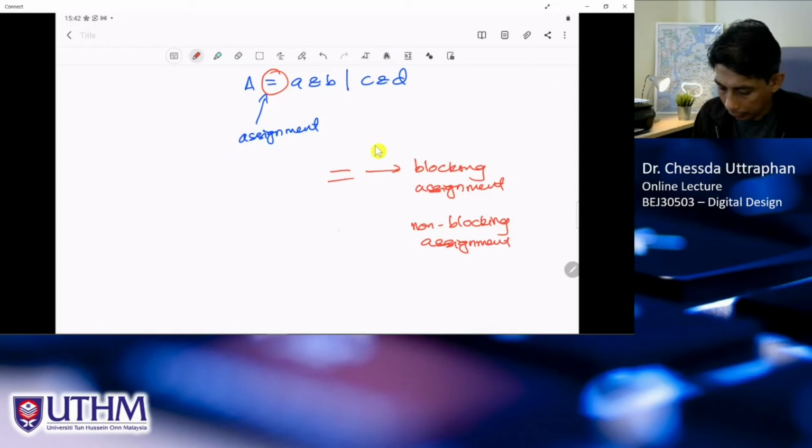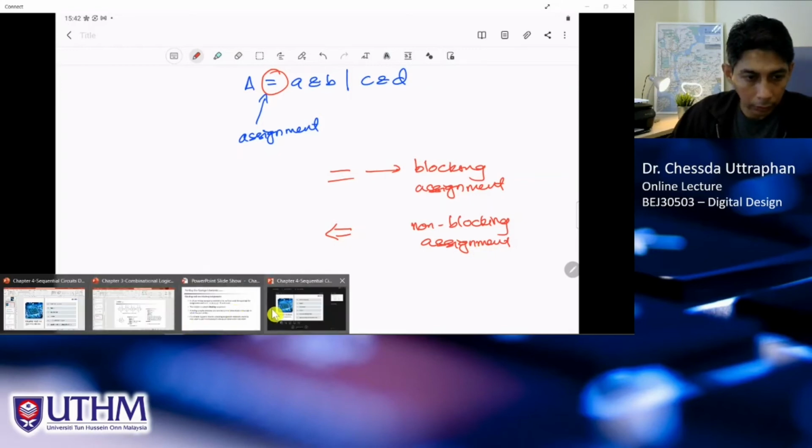And the symbol is this. This is not less than or equal, but this is equal also, but we call it non-blocking assignment. So what is the difference between the two?